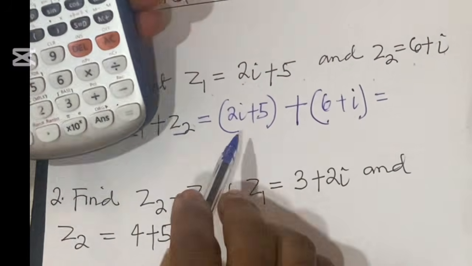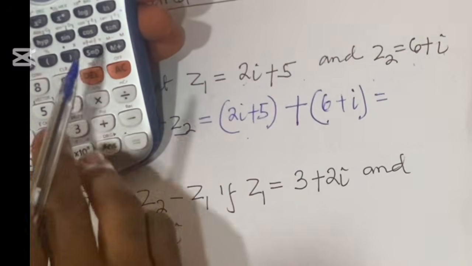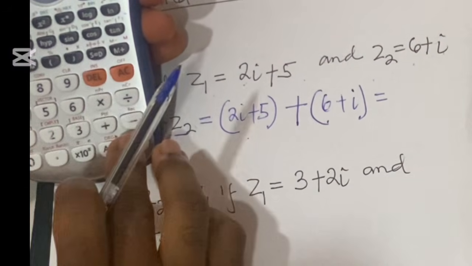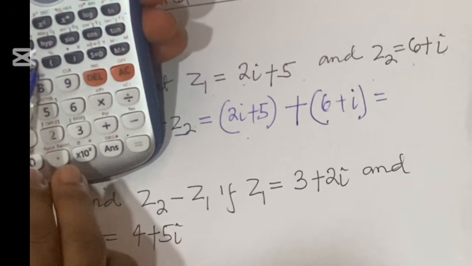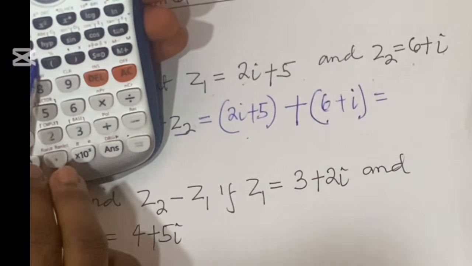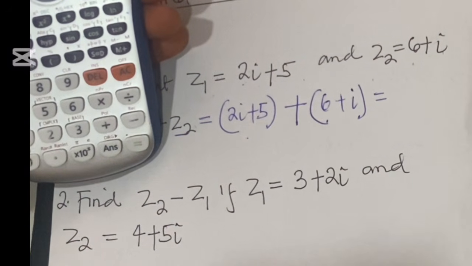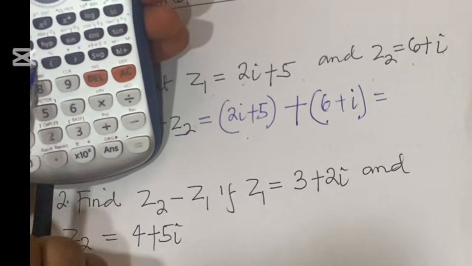Let's press this the way it is in our calculator. I will put a bracket open here. How do we get i? To get i is ENG, this ENG here. This is where to get your i.